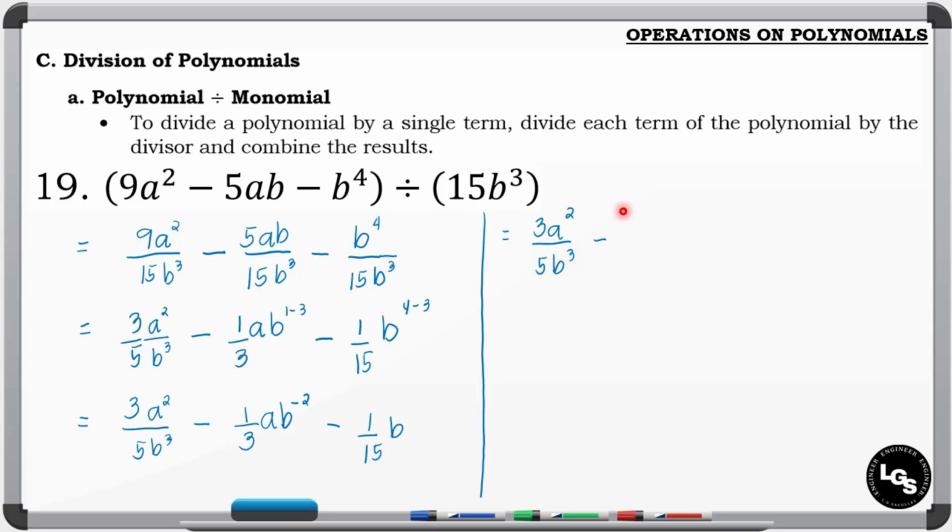So we will write 1/3, then the a, so that has a positive exponent 1, so it will remain at the numerator. Then for the b, negative 2, it will go down with a positive 2. Then lastly, we have 1 over 15b.